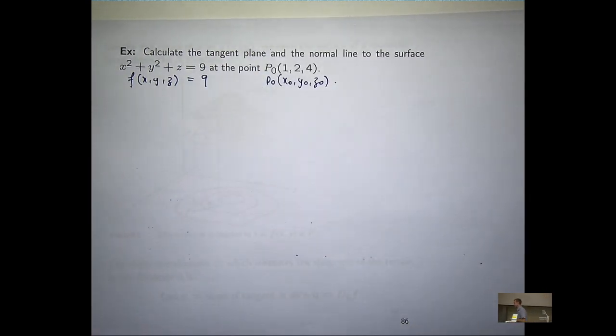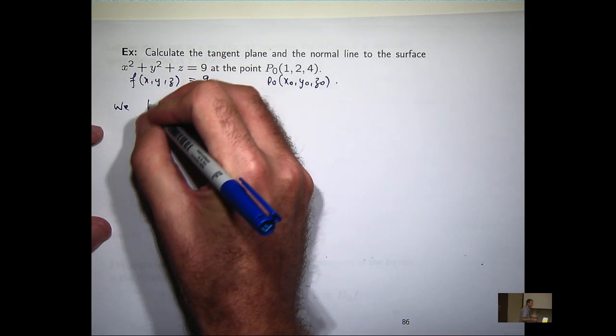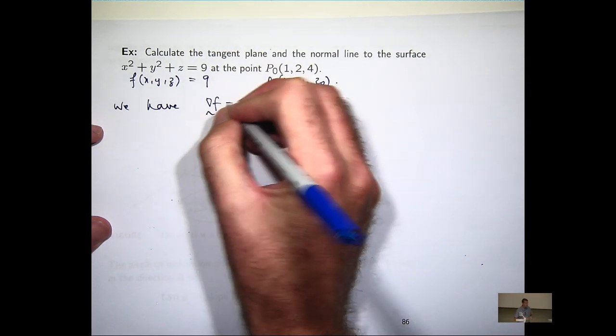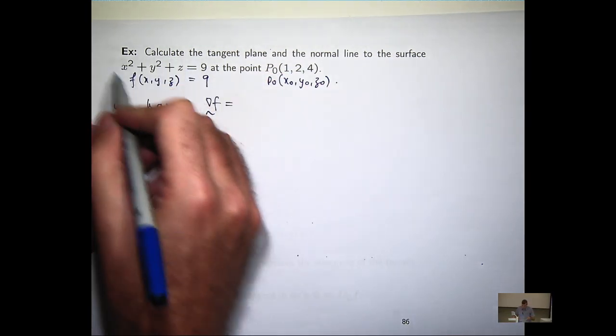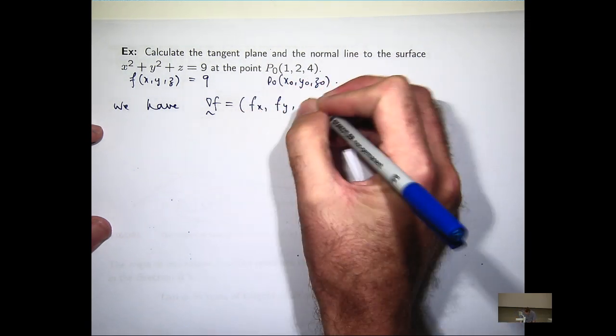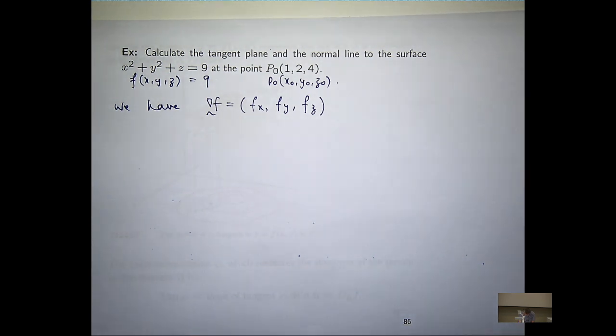So, which equation are we going to use? The gradient. So let's calculate it and evaluate it at the point. So if f's defined by this, then my gradient field is just a vector with the components of partial derivatives.